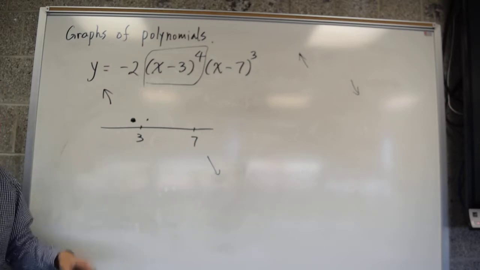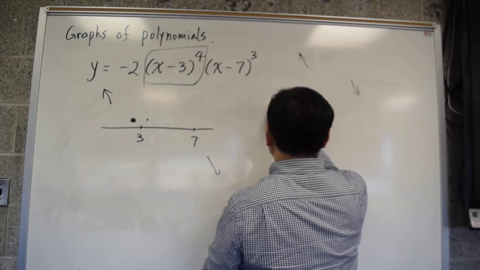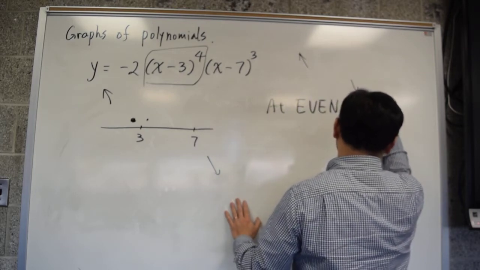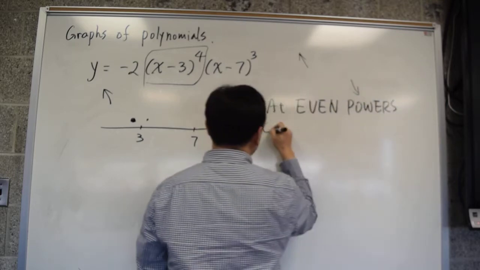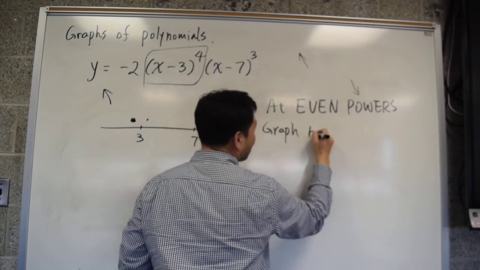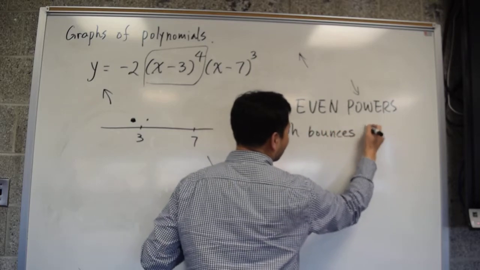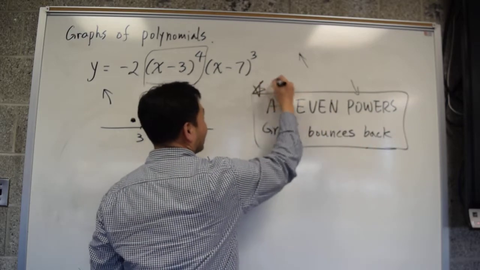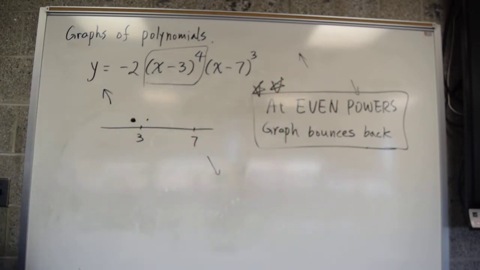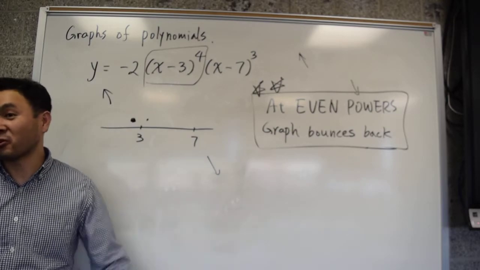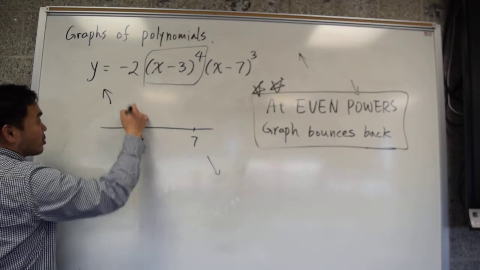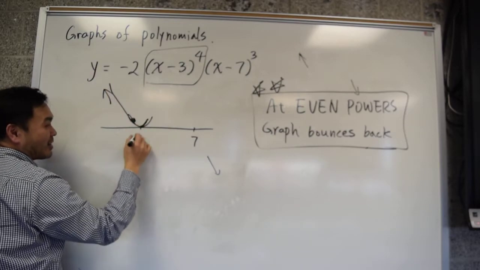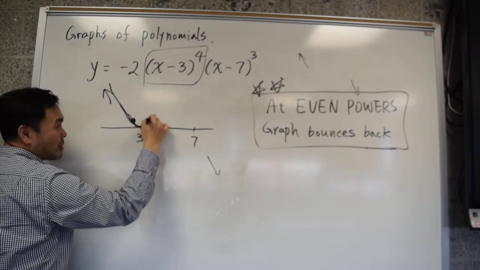Okay, so what I'm trying to say is this: at even powers, the graph bounces back. Very important, okay? Otherwise, it will pass through, right? So it's going up this way, but it bounces back at 3. It touches it and it bounces back.